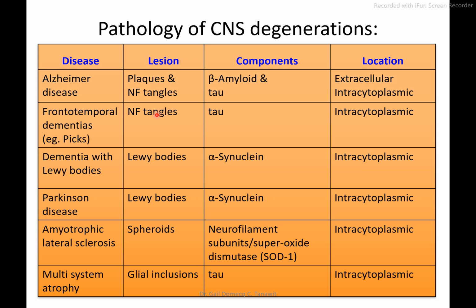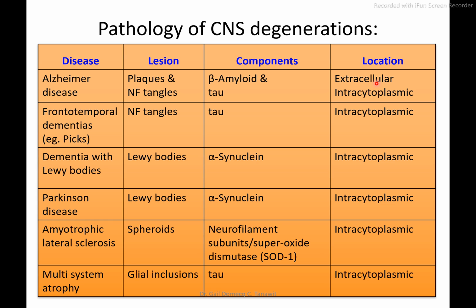So we have here a good table for the different CNS degenerative lesions. In Alzheimer's disease, you have plaques and neurofibrillary tangles, composed of beta amyloid and tau protein. Beta amyloid is extracellular, and the neurofibrillary tangles are intracytoplasmic.